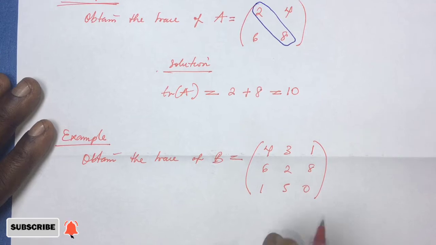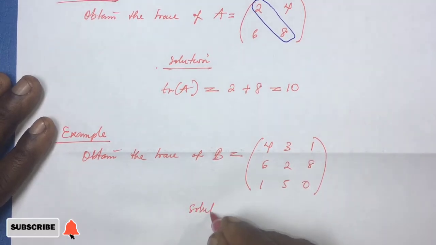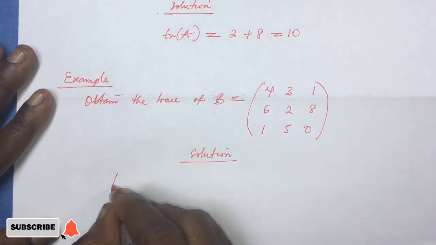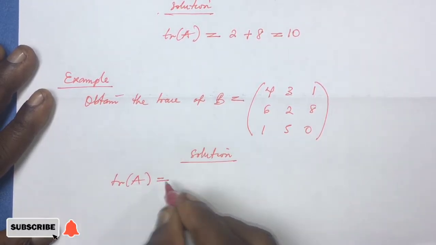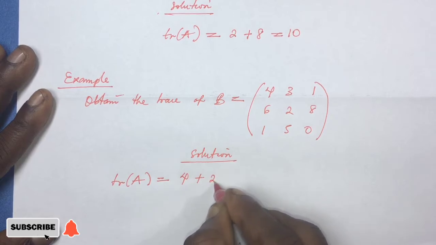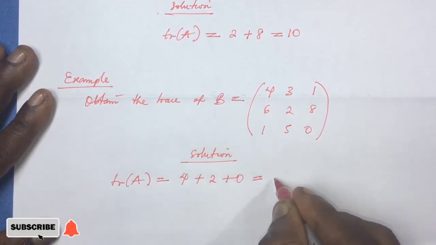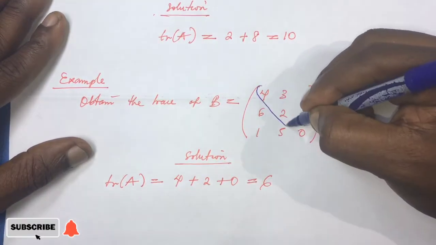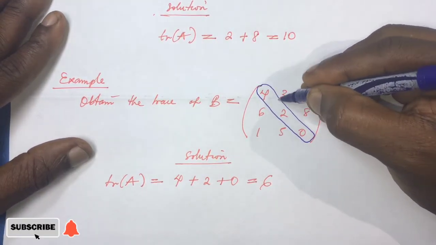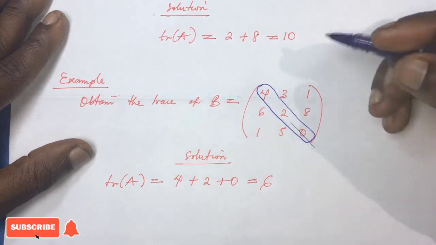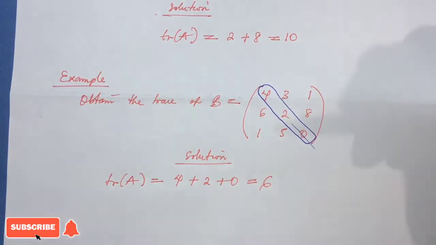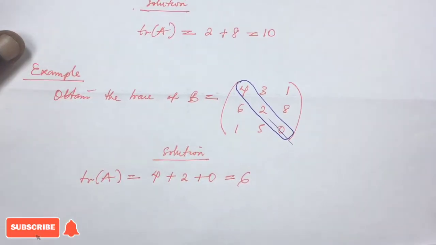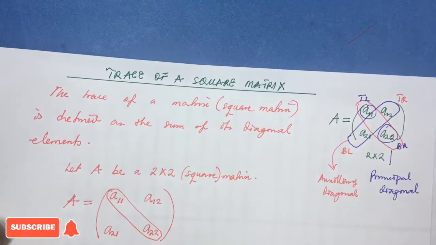Now the trace of this matrix as a solution to the problem would simply be obtained by taking trace of B equals 4 plus 2 plus 0, which gives 6. Now, how did we obtain the trace? All we had to do was to obtain the sum of these principal diagonal elements. So you have 4, 2, and 0. It is that simple.